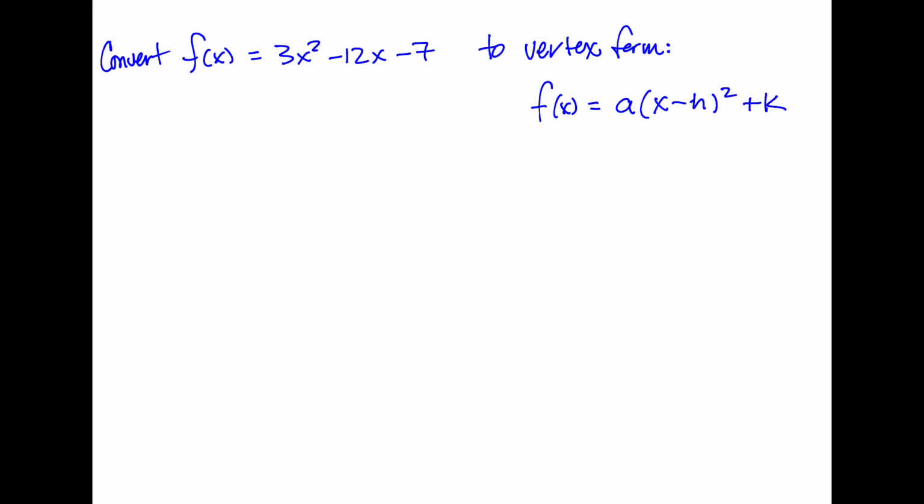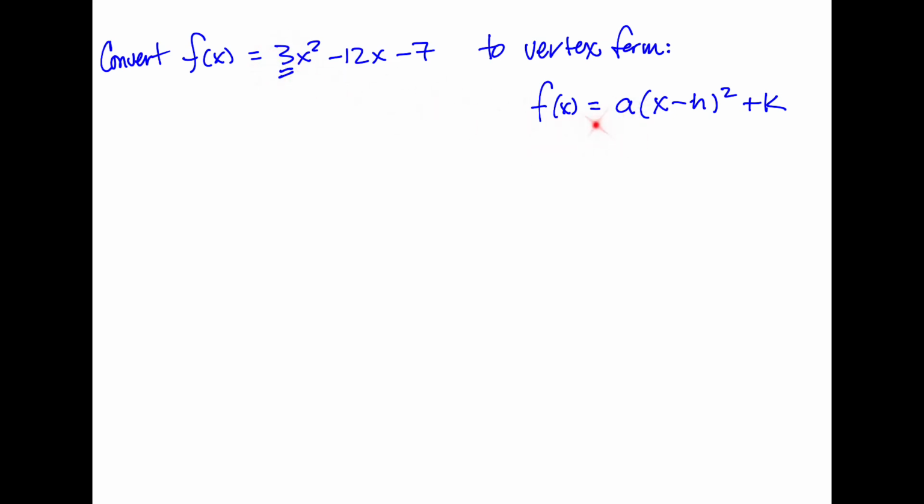And in fact, starting out, we already know what the a is in this case. The a is 3. When it's in standard form, which is what most books call this form, ax squared plus bx plus c, I already know what a is. This is ax and this is an a here.